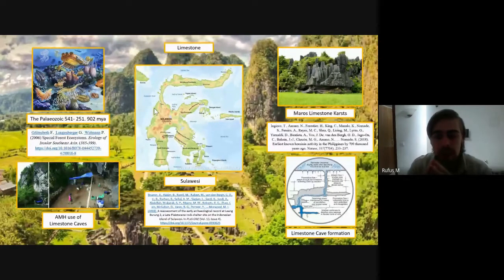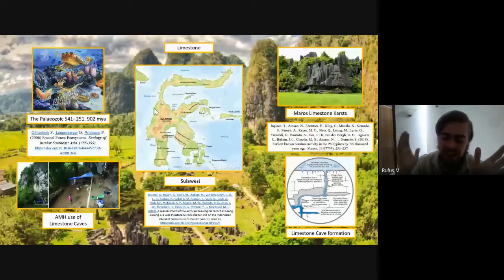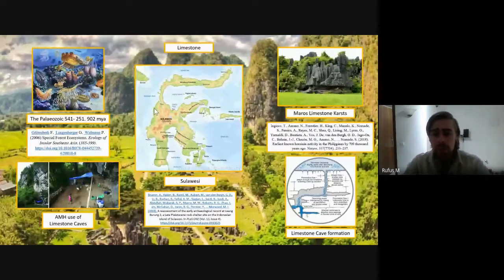However, one of the most interesting is perhaps the limestone karsts at Maros. It was originally a limestone plateau that was carved out through dissolution and fluvial processes, which dissected the plateau and helped form a whole load of caves.